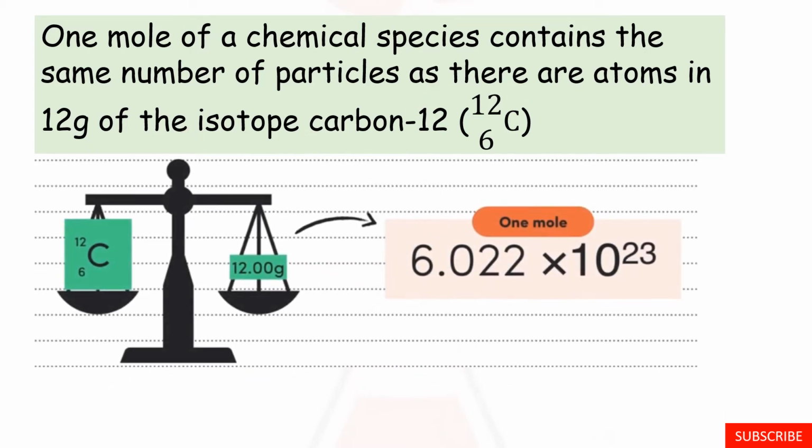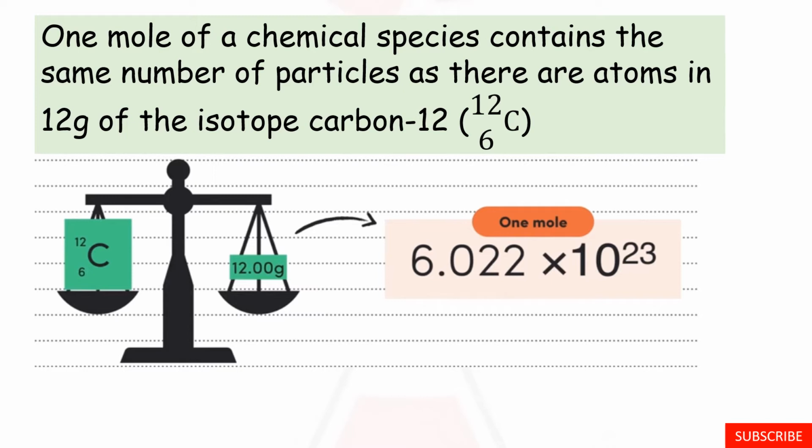This means that if you get your weighing scale and you place 12 grams here, the normal 12 grams that we deal with in everyday life, and then you place your other carbon-12 onto this other side until it levels off or balances, we shall realize that the number of carbon atoms of carbon-12 placed on this other part will always be equal to 602 hexillion atoms.